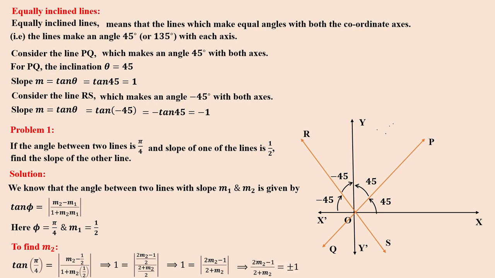We are removing the modulus, therefore 2m2 minus 1 by 2 plus m2 is equal to plus or minus 1. First we take the plus 1 value. Cross multiplying, 2 plus m2 is equal to 2m2 minus 1, so 2m2 minus m2 is equal to 2 plus 1, 3.